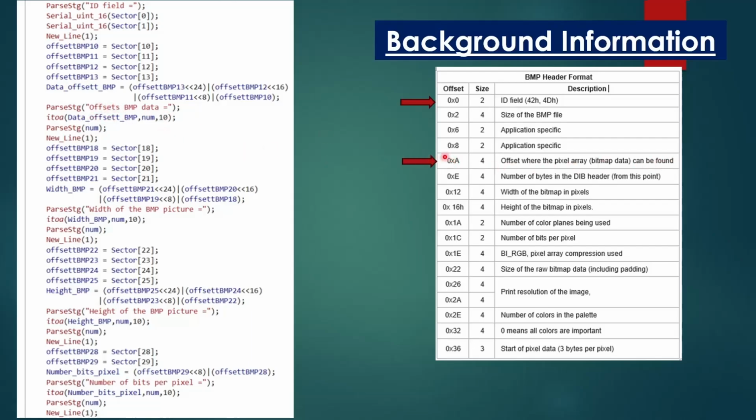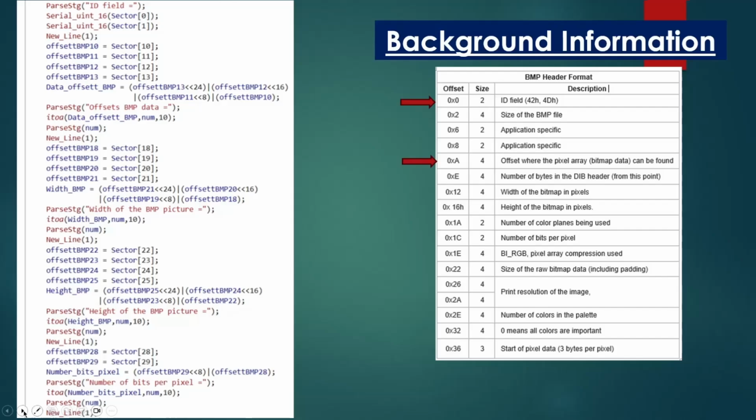We have 4 bytes, and this is where we get the information. So we get the offset BMP by concatenating bytes 10, 11, 12, and 13 from the least significant to the most significant portion of the number. So we get where our data starts for this particular sector.